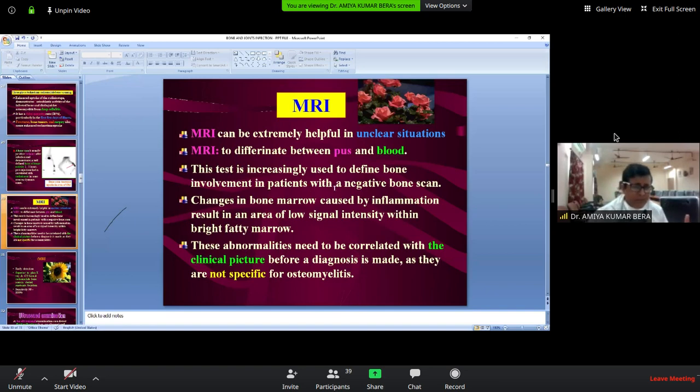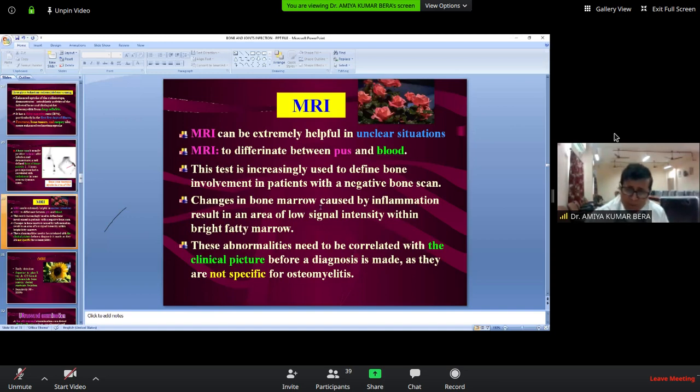Whenever there is pus formation, the bright fatty marrow will be replaced by low signal intensity of the inflammatory exudate. So that's the hallmark of infective changes.